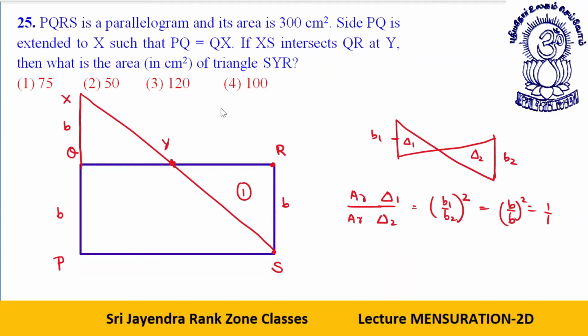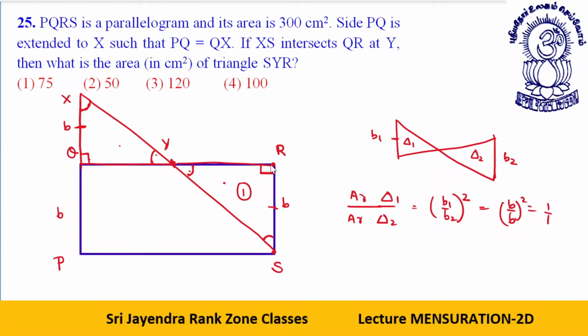These two angles are equal, these are vertically opposite angles. These angles are 90 degree. Then the third angle is also equal. So if these two angles and the included side are also equal, these two triangles are congruent triangles. So this side becomes equal to this side. From here I can say Y is the midpoint of QR.